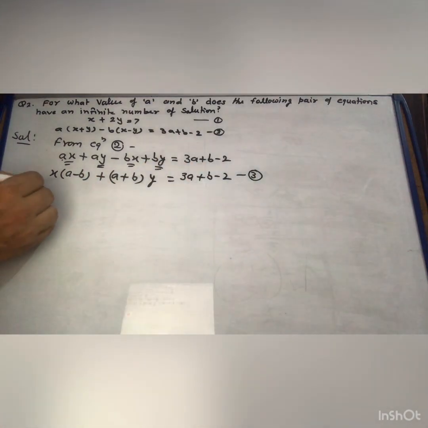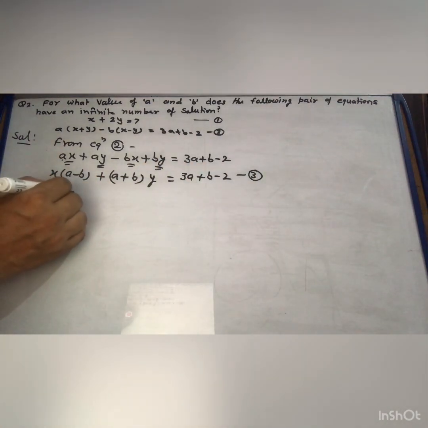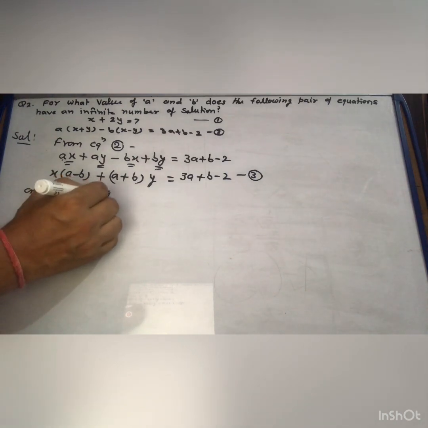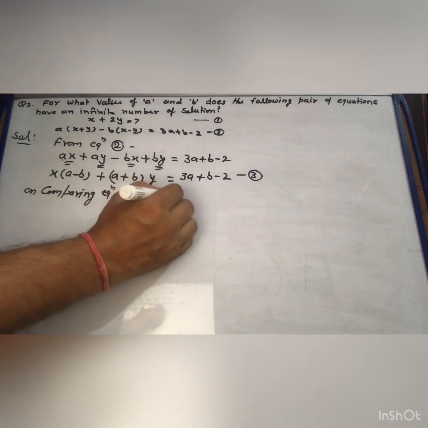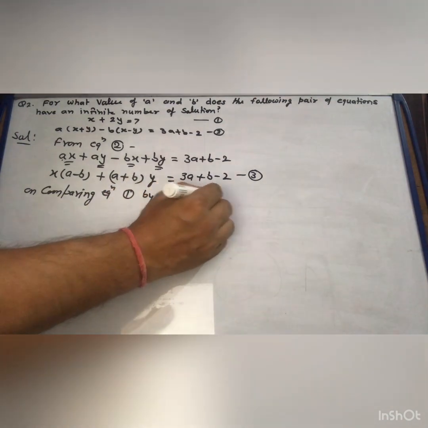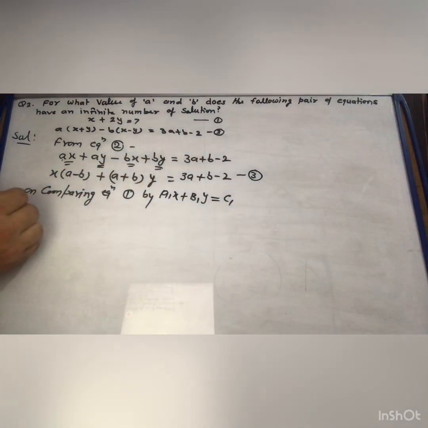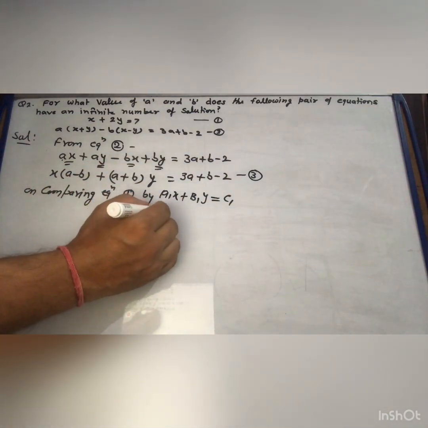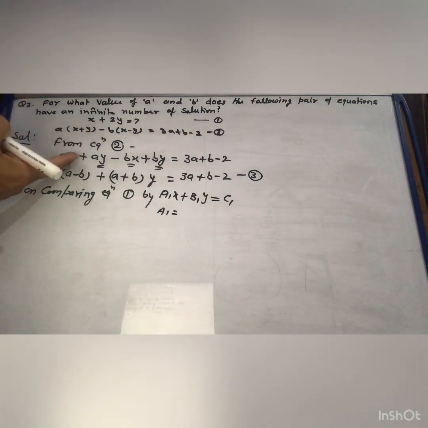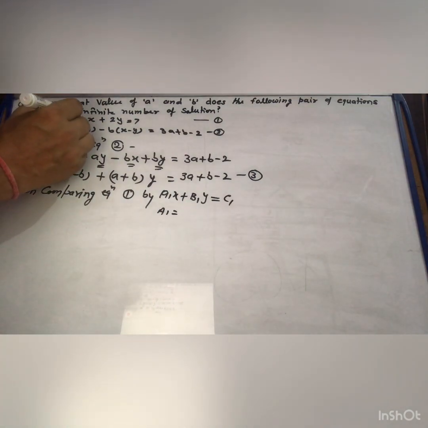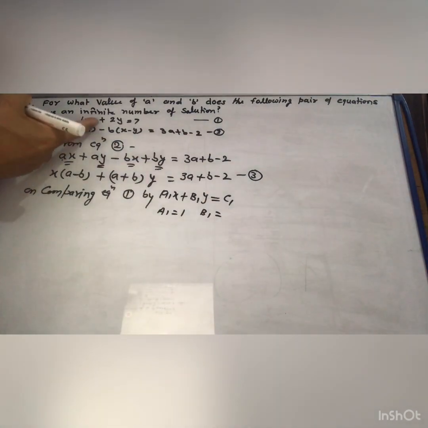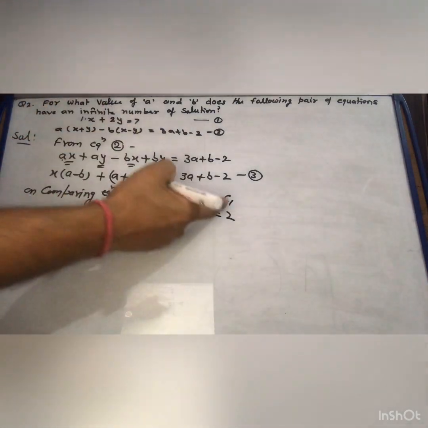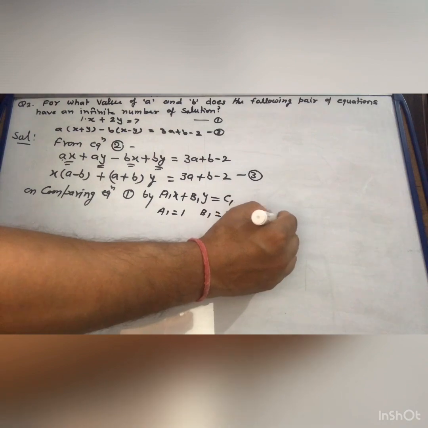Now on comparing equation 1 with a1x plus b1y equal to c1, we will get a1 equal to 1, b1 equal to 2, and c1, that is the constant term, equal to 7.